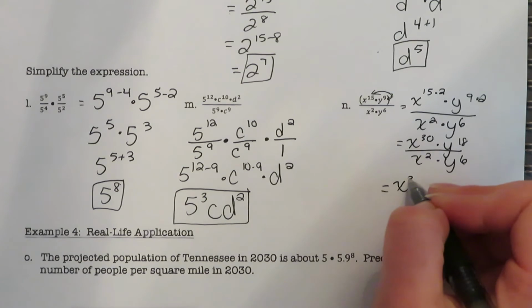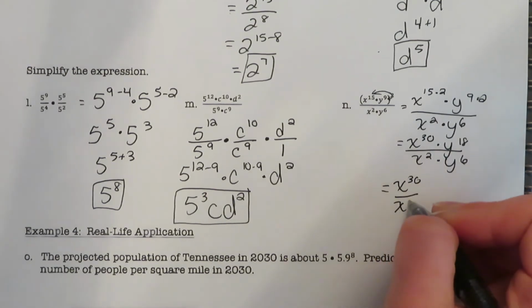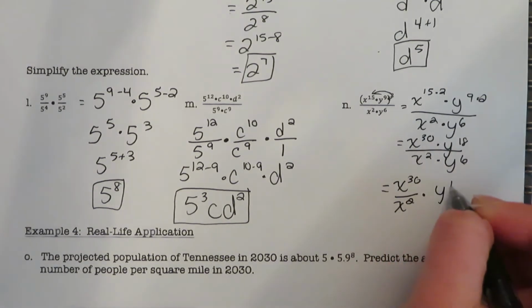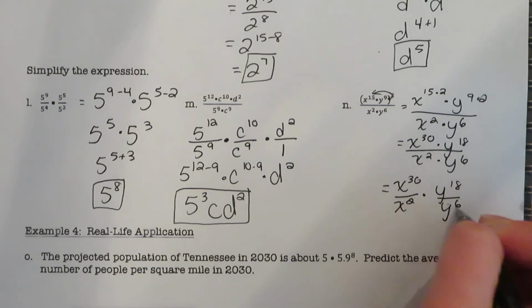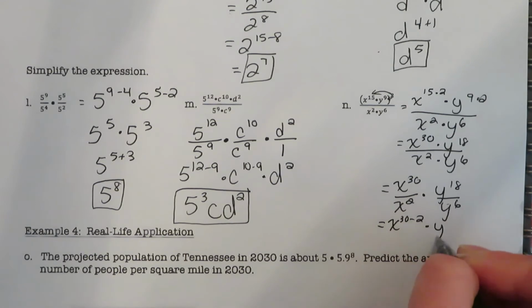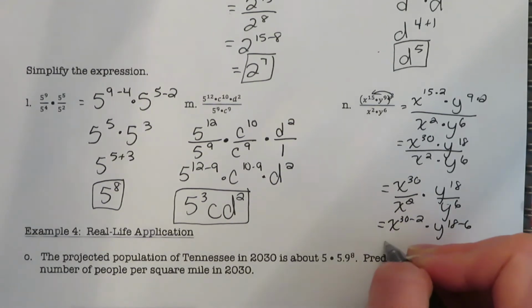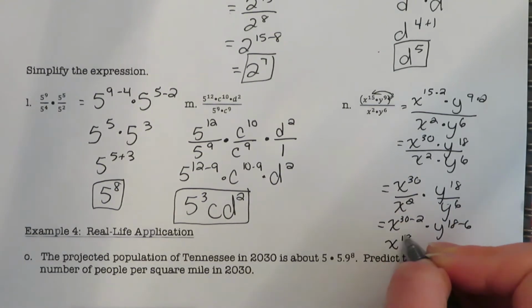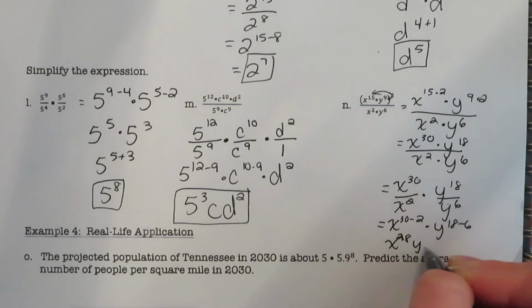I'm going to separate it into two fractions with my x's with one of them and my y's with the other. So that's x to the 30th minus 2 times y to the 18th minus 6. So that's x to the 28th, y to the 12th.